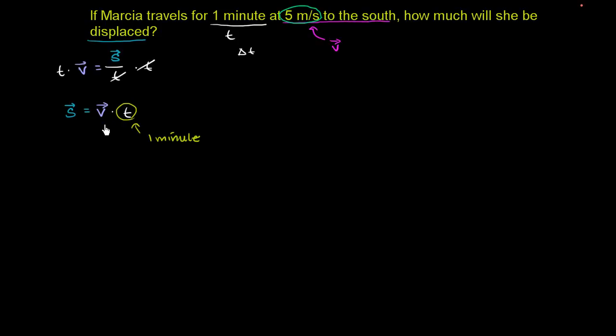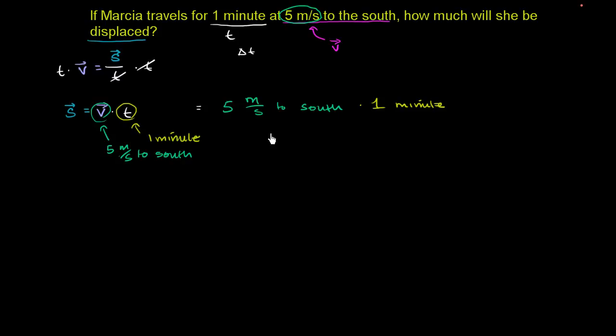So we might just say, look, if we want displacement, that's just going to be equal to 5 meters per second to the south, times 1 minute.